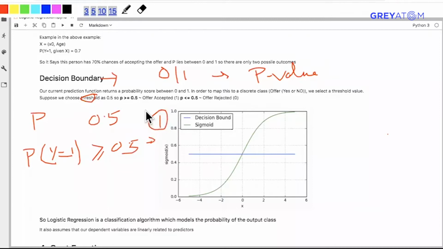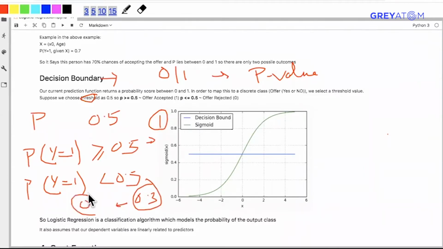Like someone would take an offer if the probability is greater than 0.5. And if the probability of y equal to 1 is less than 0.5, suppose the probability comes out to be 0.3, we would say that this person wouldn't take our offer. So he's a 0. He's in class 0. As simple as that. So we decide the threshold, and based on the threshold, we say either 1 or 0.